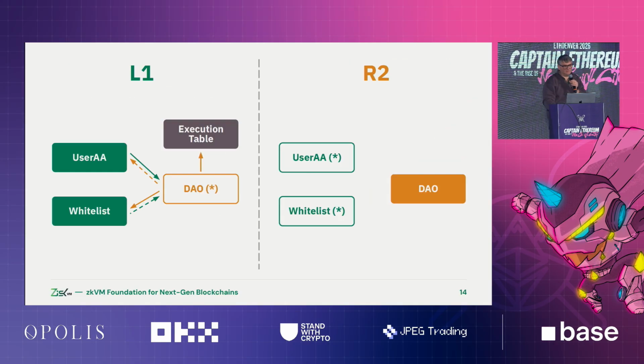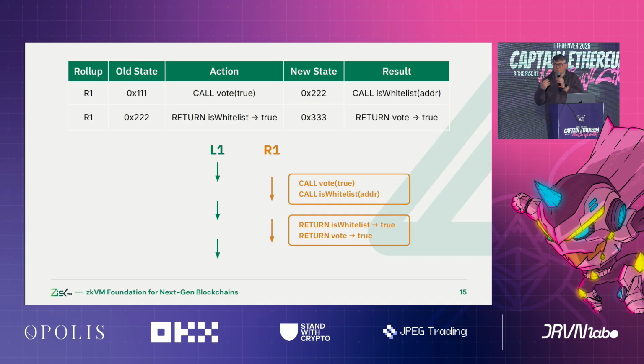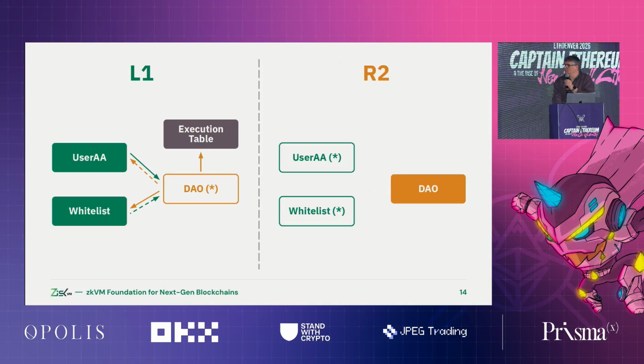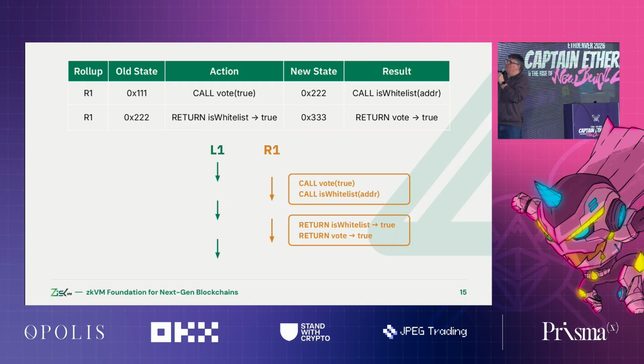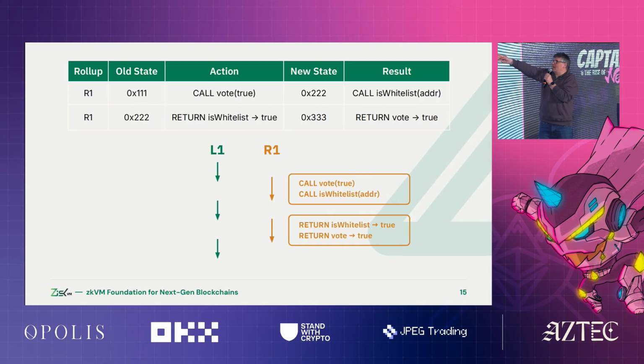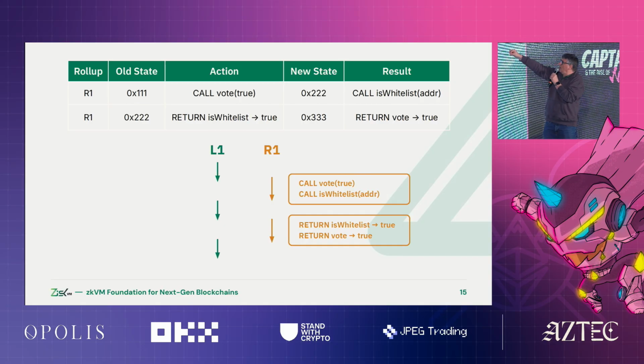And how does this work, okay? Well, the other part is that we are building a set of executions. How do we read a table of executions, okay? So what does this table mean? Well, this table means if rollup 1 is in the state 0x1111 or whatever, and you do a call, then what happens?